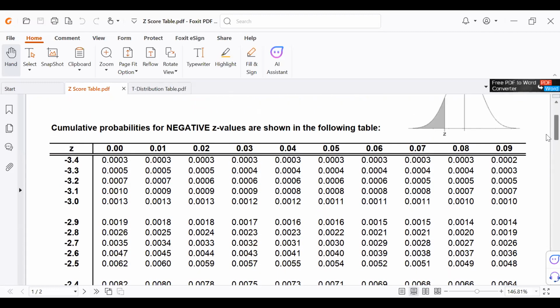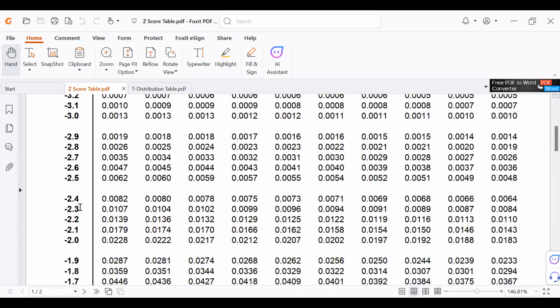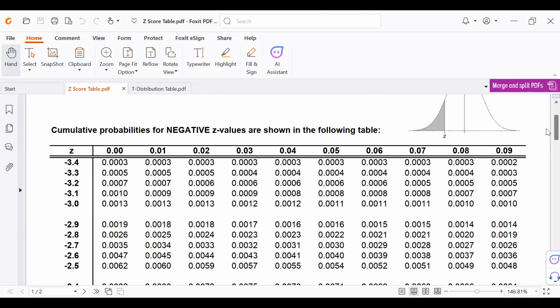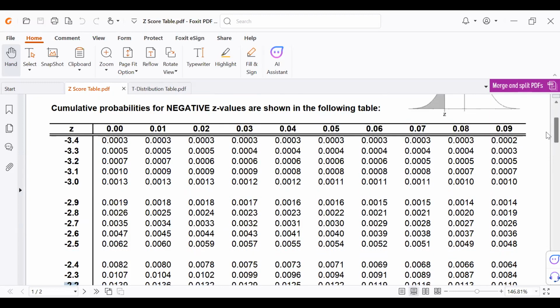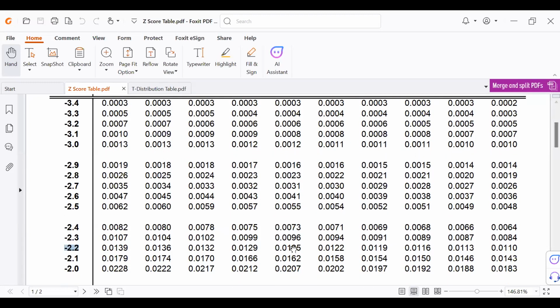We have 2.2 here. So we'll go to the fourth column. So you can have 2.24. Then you come to 2.24. That should be 0.0125. Okay. Good.